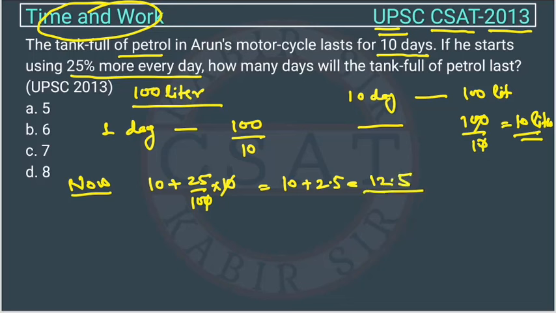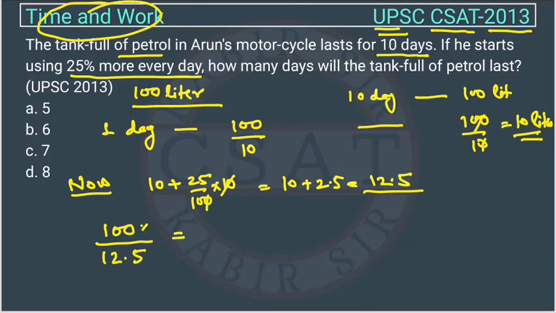So now daily he is using 12.5 liters of petrol. So how many days will the tank last? Now how will we calculate? Total petrol is 100 liters, and daily he is using 12.5. So how many days will it last? We will just divide 100 by 12.5. So this will be how much?